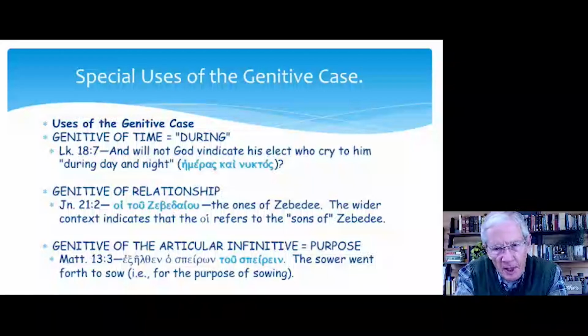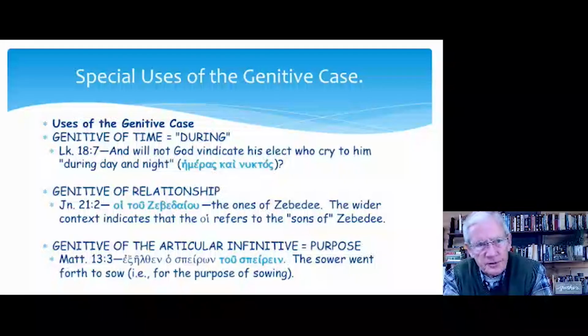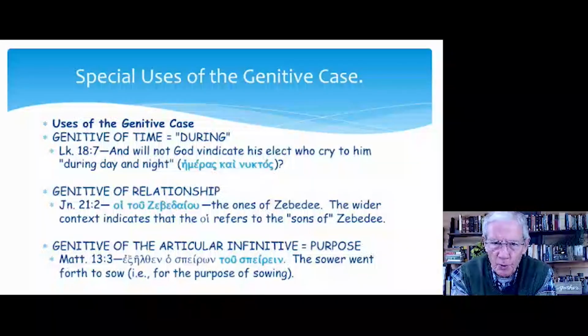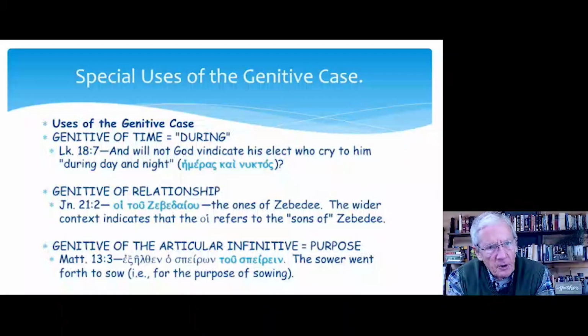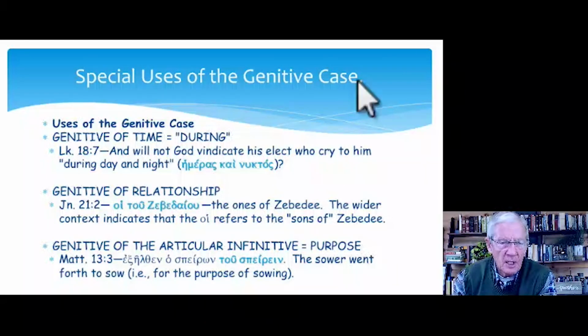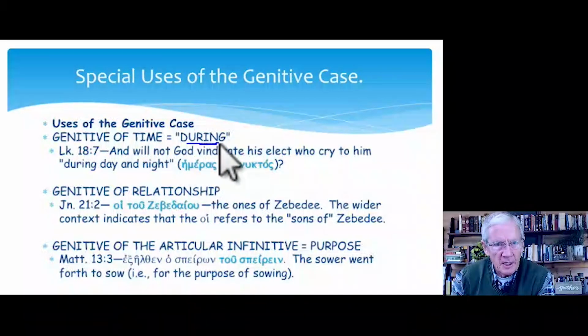All right, a couple other items in chapter 12c, and these have to do with how some of the cases are used. On this first slide, we have special uses of the genitive case, and we have what's called a genitive of time, which expresses duration.